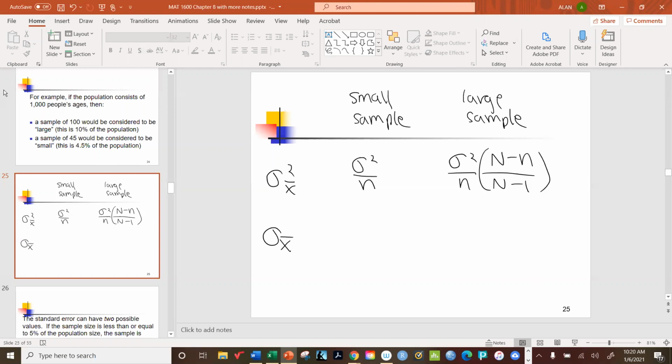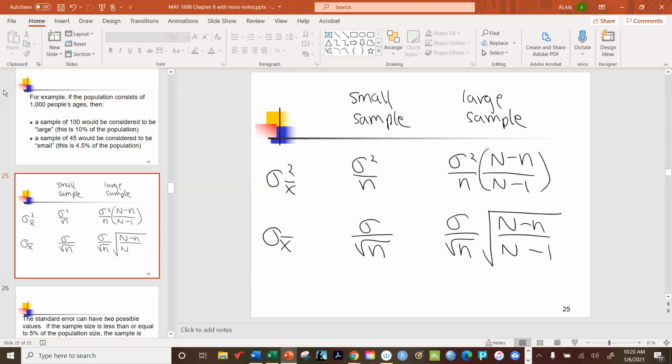Now, the standard error, of course, is simply the square root of what you're seeing above. Okay, so that's all you need to know about these two measures or moments. Now, this piece in statistics has a special name. This is often called the finite population correction factor.